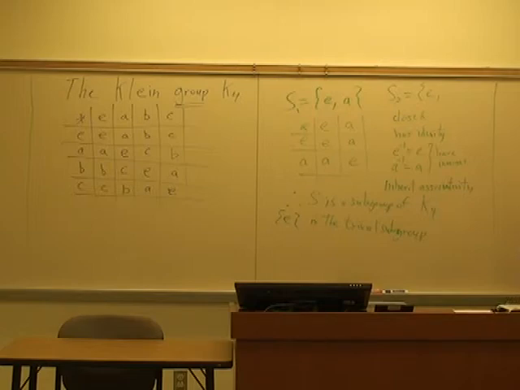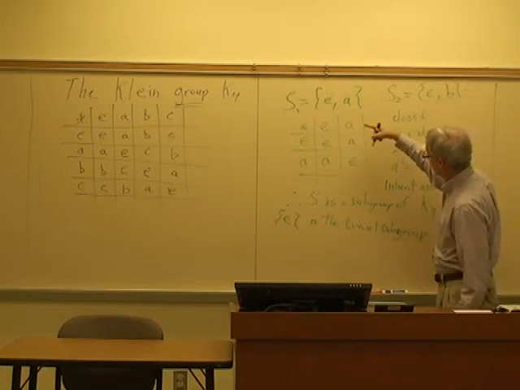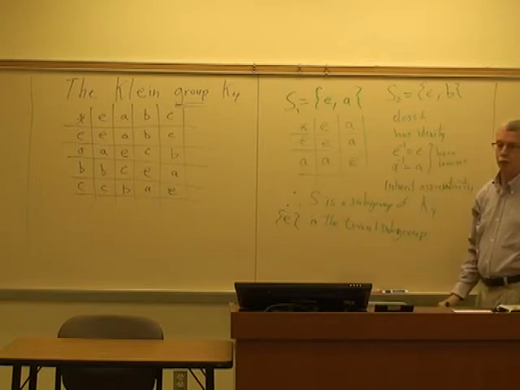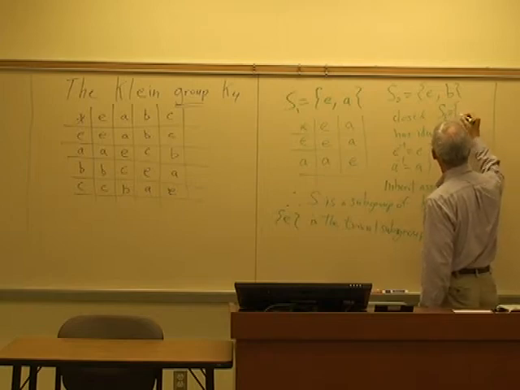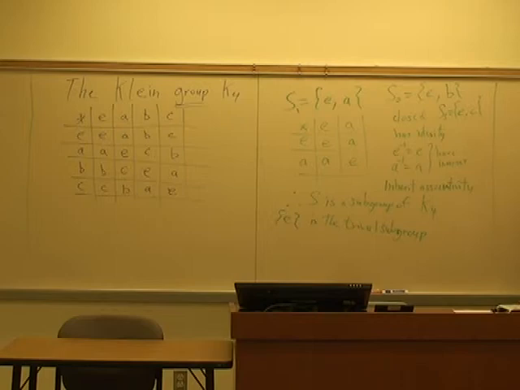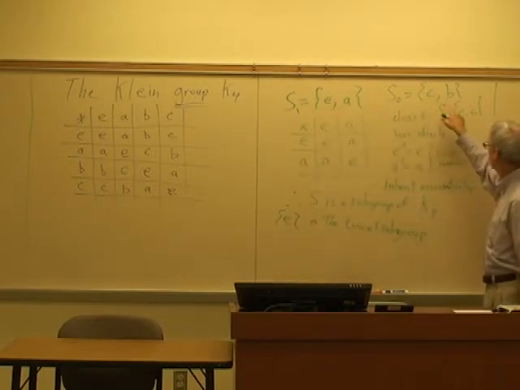Does B work? Sure. All I have to do is erase the A's in here and put B's, and I have the same structure, right? So there's a third one, which is the identity with C. All those are subgroups. I've got 4 subgroups: the trivial subgroup, this one, and that one.